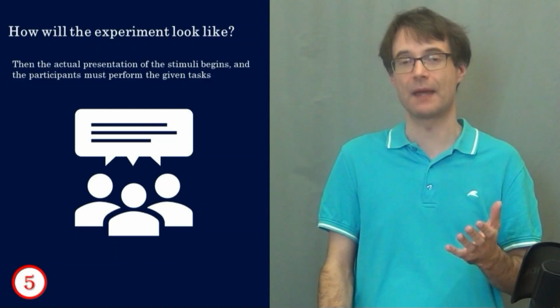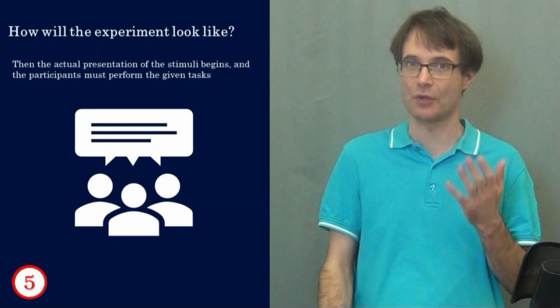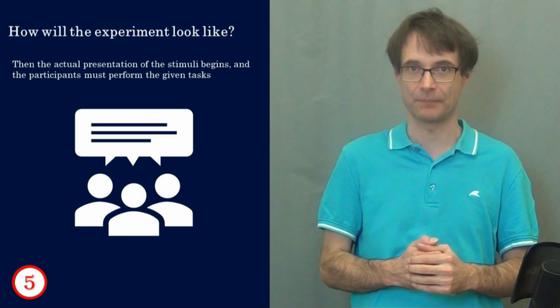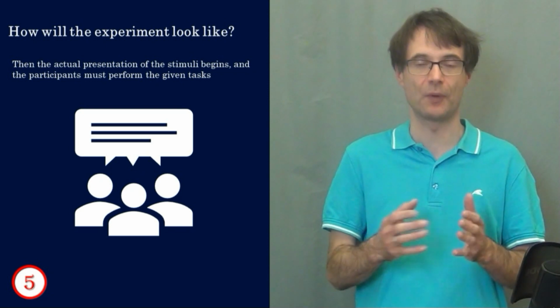Before the subject's eye movements are recorded, the eye tracking device has to be calibrated. And this can be done several times during the experiment. Then, in the fifth step, the presentation of the stimuli begins and the participants perform their tasks.